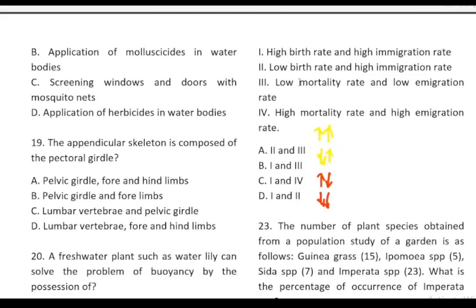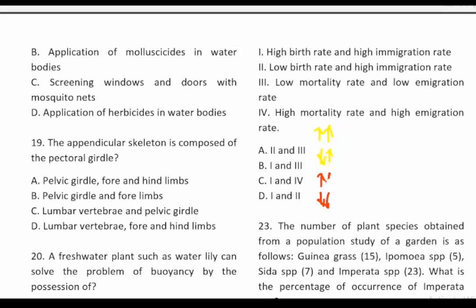And then we have the third one there also, low mortality rate and low immigration. When mortality is low, it is going to result in increase or stability of that community. And then low immigration also will result in normalcy or increase in the population. So our options there, we have Roman numeral 1 and Roman numeral 3. This one here is supposed to be increase also.